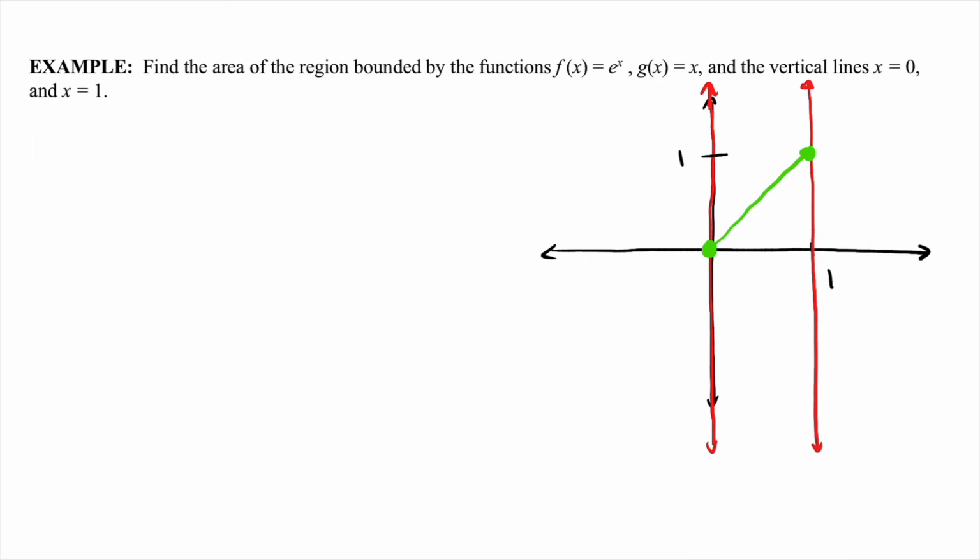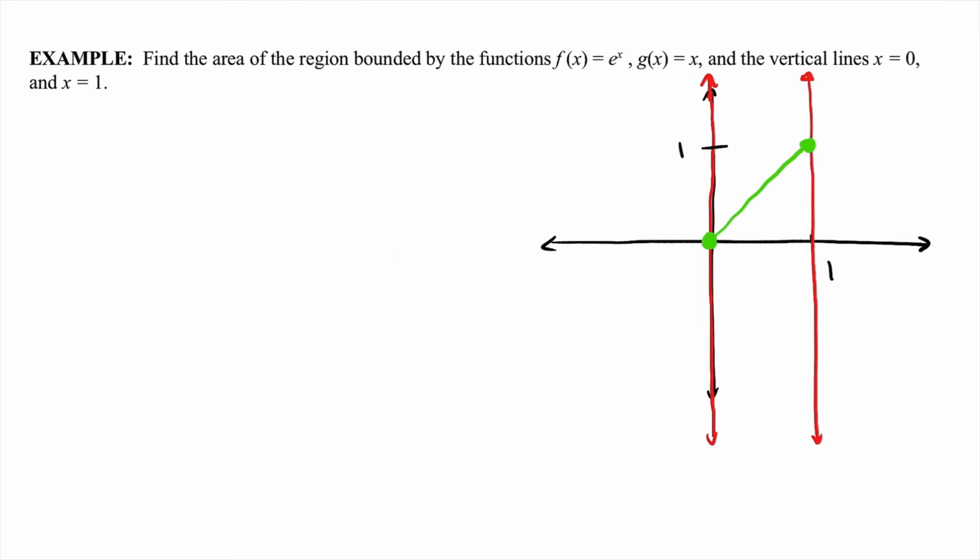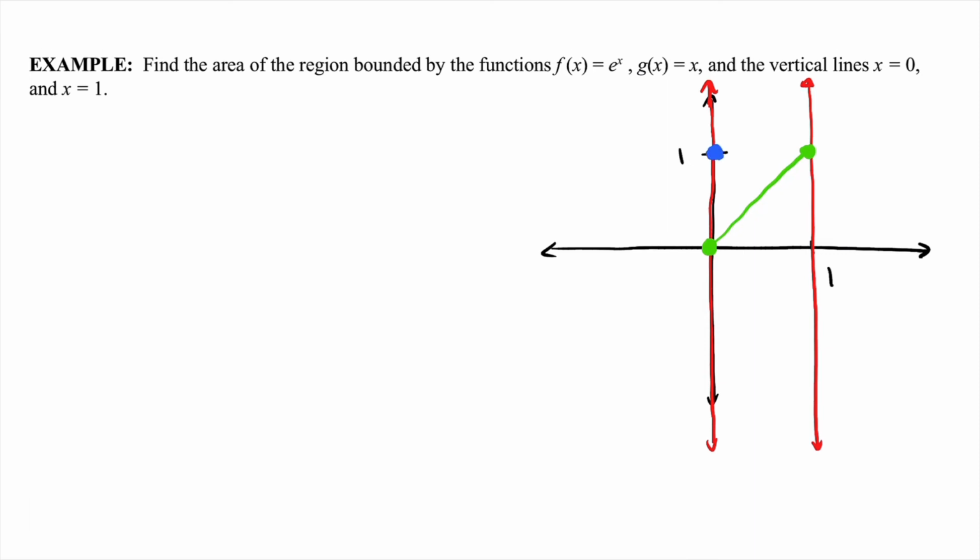Now f of x. What's the value of e to the x at 0? Positive 1, yeah. E to the 0 is 1, so I'm going to have a dot here, and this one starts there.